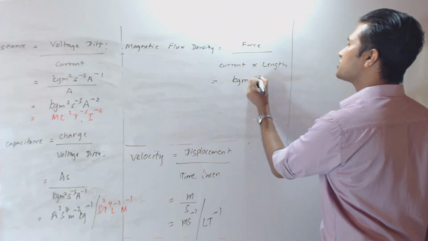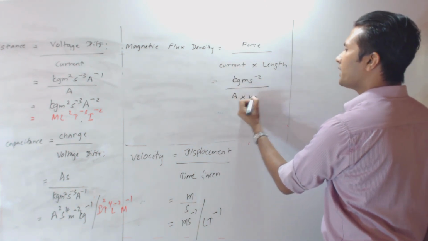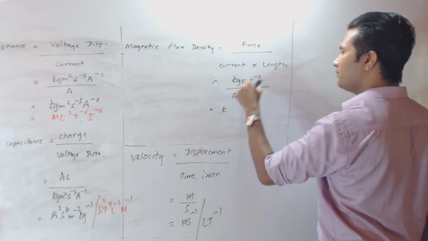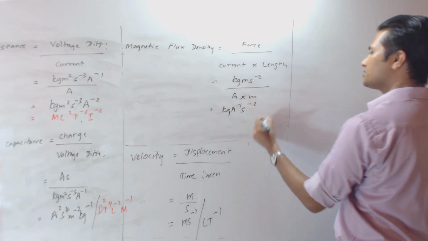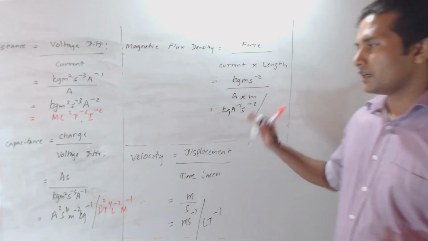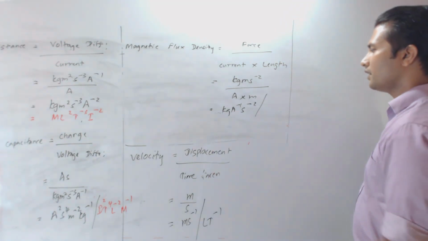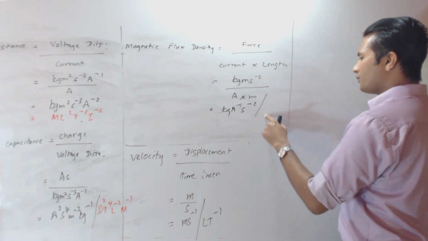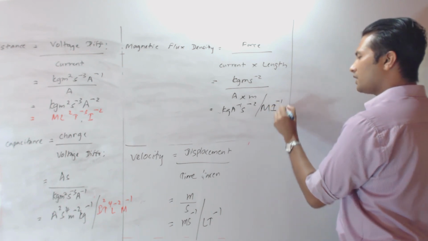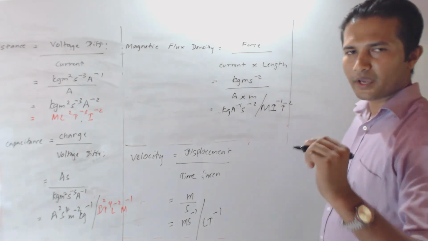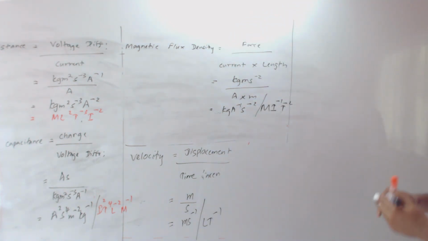Kg m s minus 2 divided by the unit of the current, amperes, and simple m, then m gets cancelled off, so kg A minus 1 s minus 2, and we can convert the unit into the dimension directly, such as M I minus 1 T minus 2. That is the unit and the dimension of magnetic flux density.